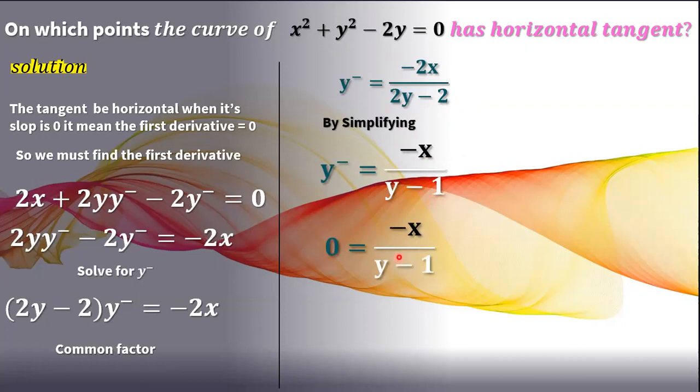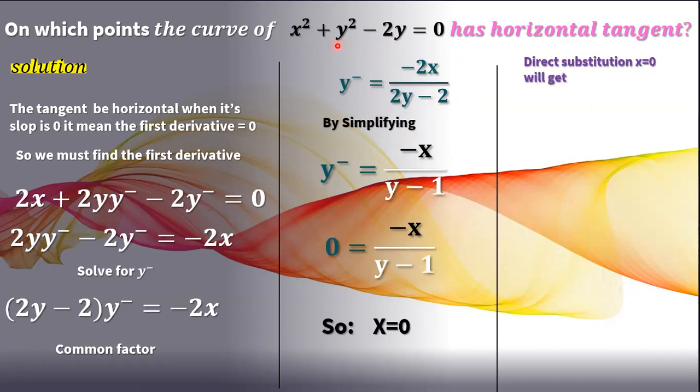Cross multiplication, so we'll get x equals 0. But the point has 2 coordinates, x and y. So we'll do direct substitution in the main equation. We will substitute x by 0.